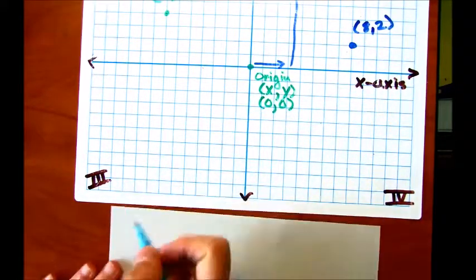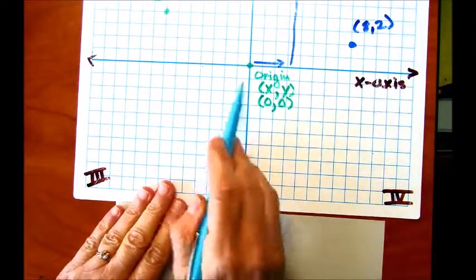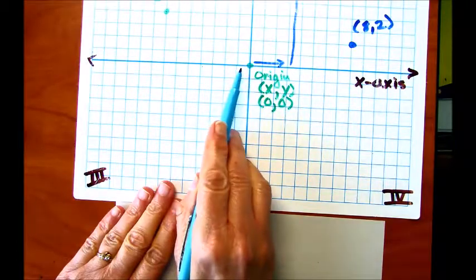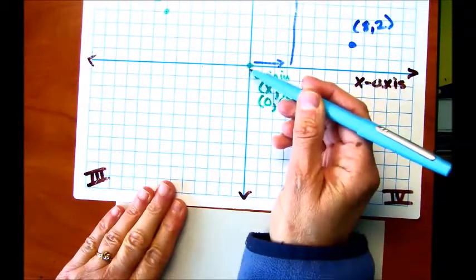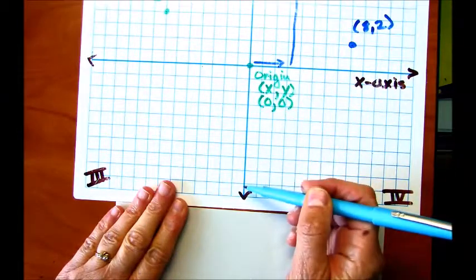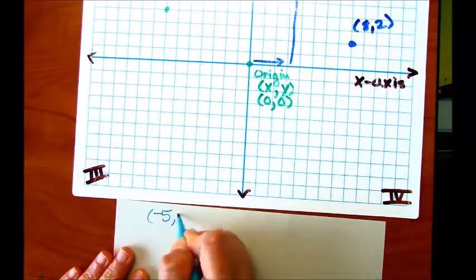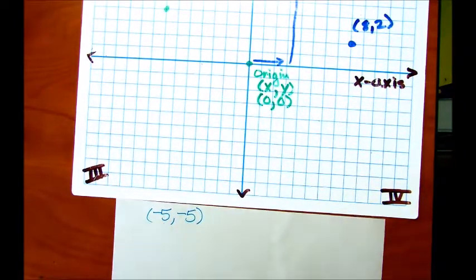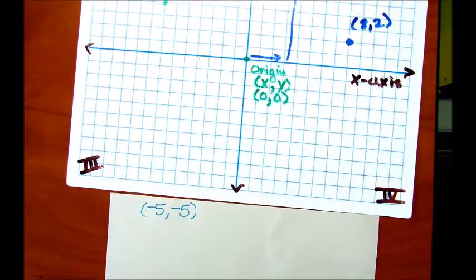Let's say we have, well, first let's look at the quadrant. This third quadrant, we're still going to have negative x values, but we're going to also have negative y values. So if we have -5, -5, we should be able to plot those points in the third quadrant.